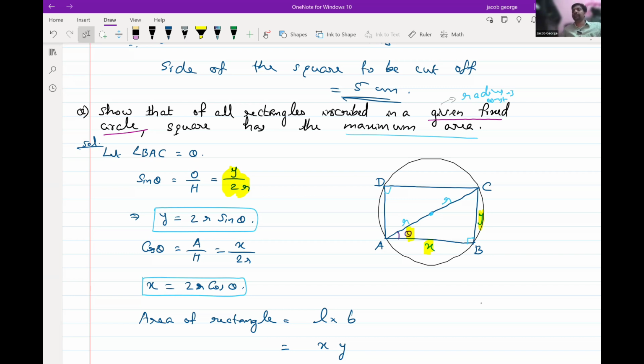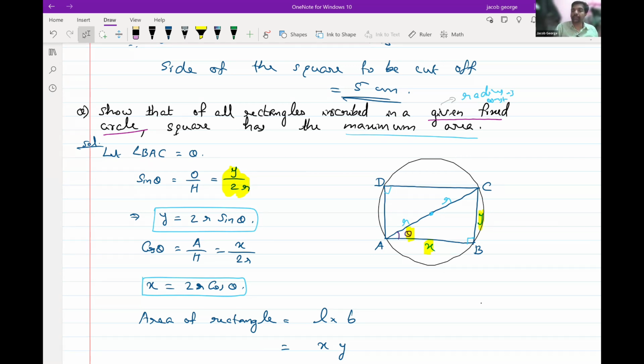Angle BAC theta, and apply trigonometry, sin theta and cos theta. So that will help us to write X and Y in terms of R. So in the diagram, please draw this diagram. All of you please draw this diagram and mark all these X, Y, R and all, and take angle BAC as theta. And then we start like this.